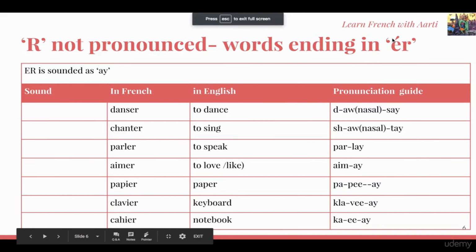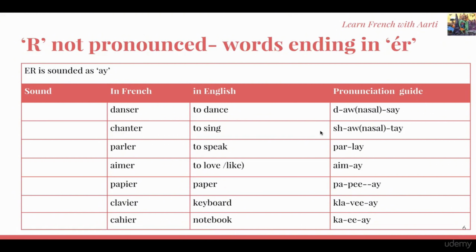When we did the lesson on consonants, we did learn that R is a final consonant that is pronounced, but there are exceptions. It is French, please remember. There are exceptions to that rule, and the R is not pronounced in words that end in ER.